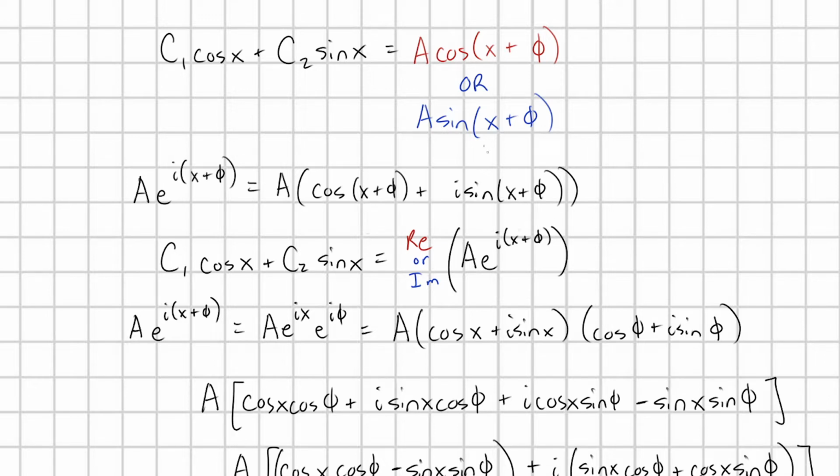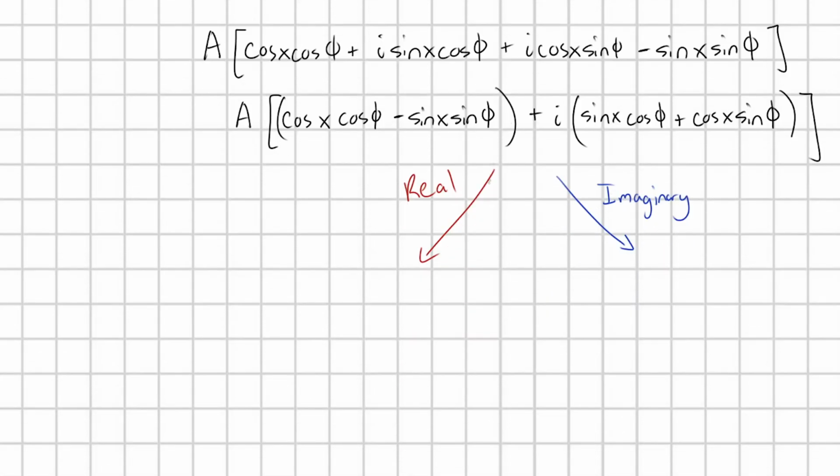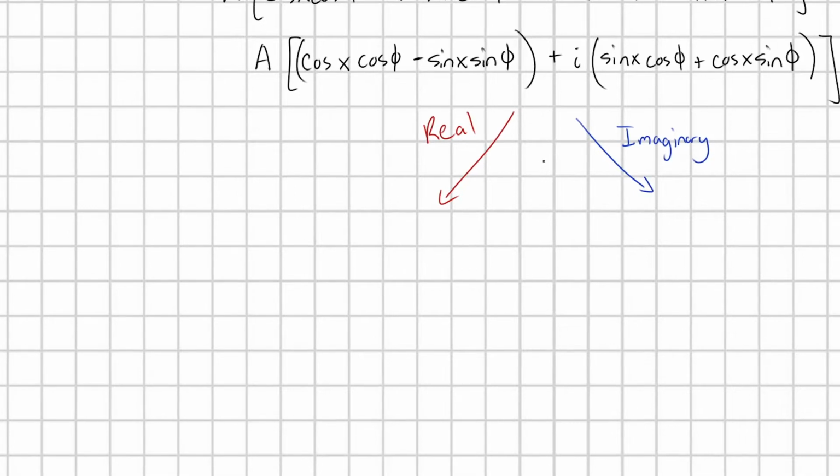So really it boils down to a question of, what do we prefer? What do we want to combine our cosine and sine wave into? Do we want to combine it into one singular cosine wave, or do we want to combine it into one singular sine wave? So I'll go ahead and start by taking the real part.